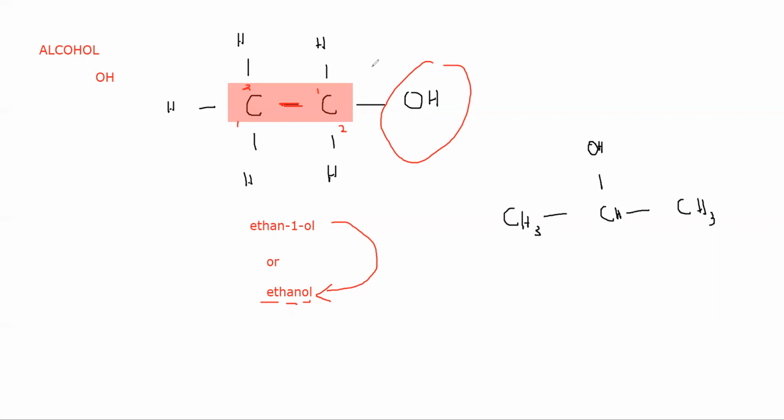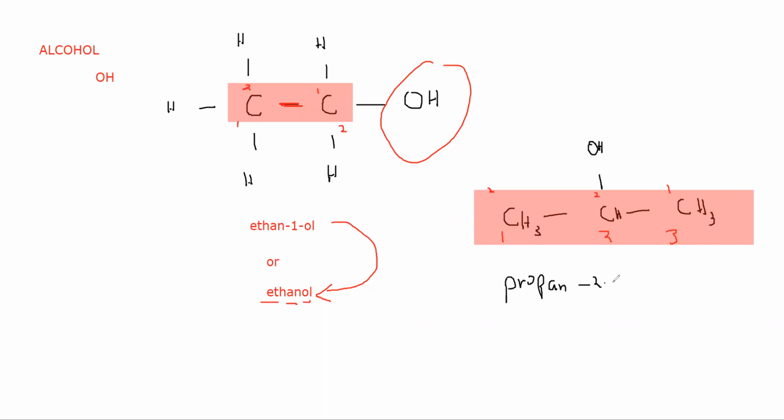We select the longest carbon chain. So this is our longest carbon chain. The numbering should start from the nearest branch, so 1, 2, and 3. If I number from right to left or left to right, OH is with the second carbon. So the name will not change. Because of three carbons, it will be prop. Because they have a single bond, it will be an, and OH is with the second carbon, so it is 2-ol. So it is propane 2-ol.